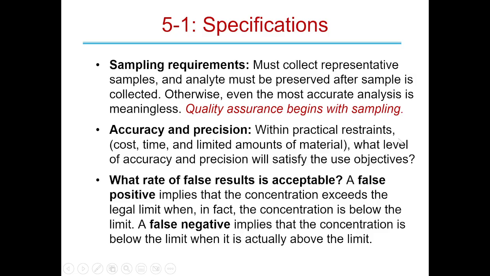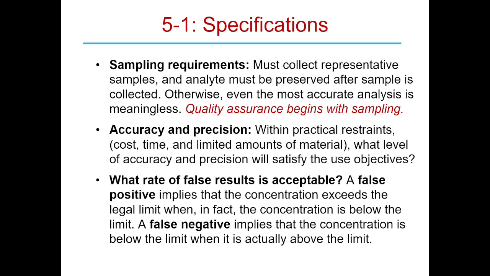Accuracy and precision. Again, this is within practical restraints. You need to consider the cost, the time, limited amounts of materials, manpower. It's not as simple as more is better, right? It's definitely not more is better. Otherwise, I would have had you do a 10,000 scan on the spectrometer, right? And you would have taken half a year to do it.